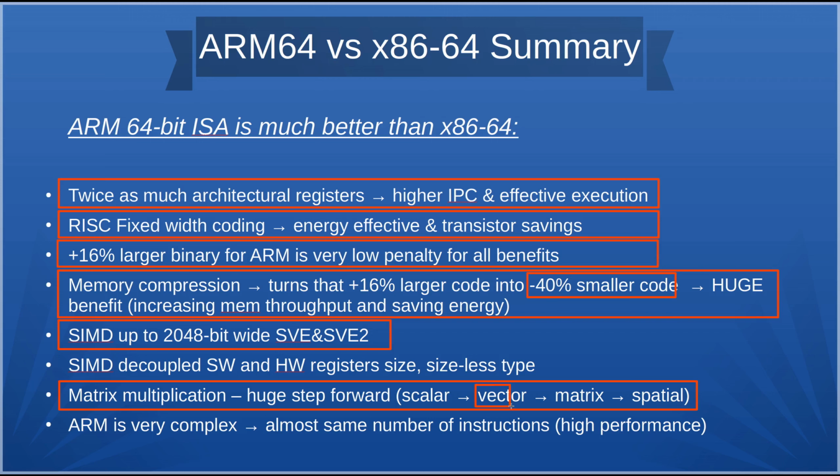Vector is one-dimensional, matrix is two-dimensional, and spatial is n-dimensional. So we will see a lot of development in this area in the future. Matrix multiplication is just the beginning, and ARM is the leader here. This is a big thing.